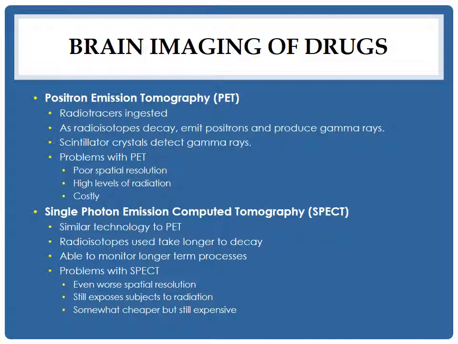You can also monitor the person over the next day. It's not nearly as time sensitive of a process. You're also able to use this technique to monitor longer term processes, but its spatial resolution is actually even worse than PET. And again, it's going to subject a person to high levels of radiation. And even though it's somewhat cheaper than PET, it's still not inexpensive.